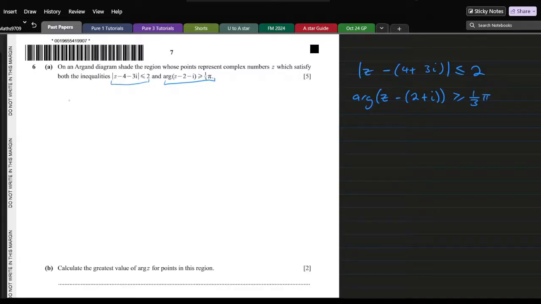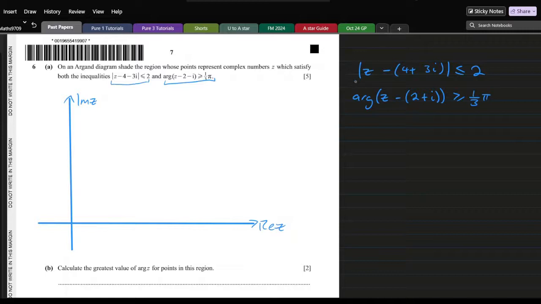Alright, so let's draw a complex plane. This is our imaginary axis, and this here is our real axis. Alright, so let's start with the first inequality. This is a circle with the center 4 + 3i, and it has a radius of 2.